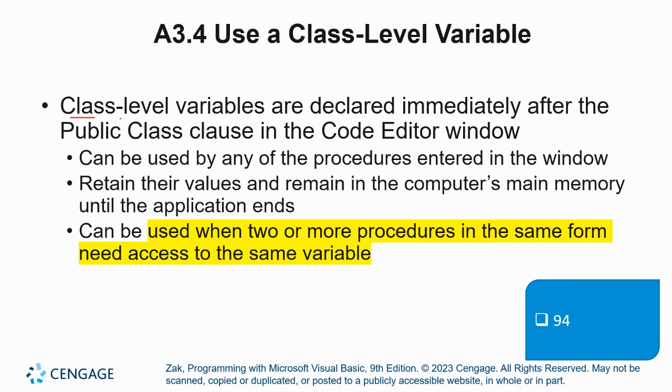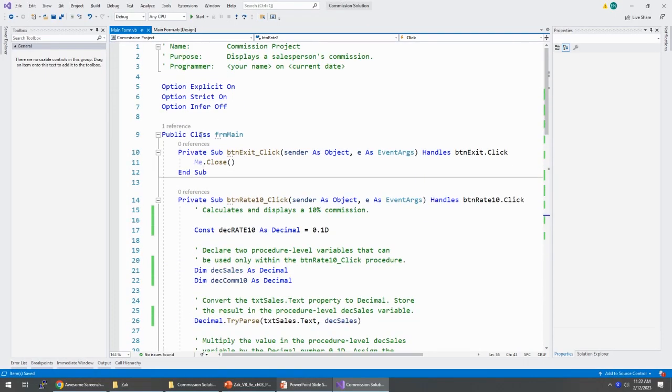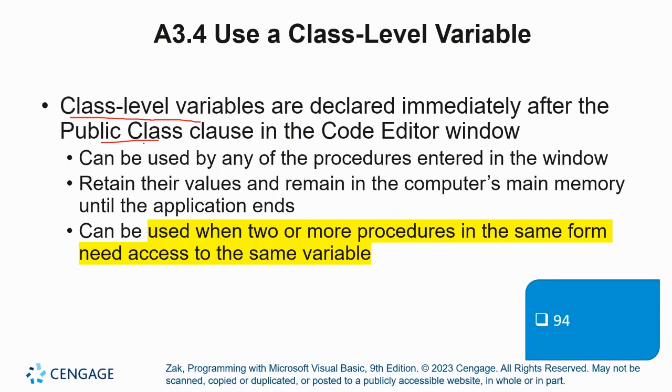Now let's talk about class level variables. So they're declared immediately after the public class statement. So if I look here, public class FRM main, so that's on line 9. Remember, this 0 references isn't really a line number. It's between lines 9 and 10. And it's not even code. I can't even click on that, right? And then line 10, it's private sub. So in between here, that's where I would declare my class level variables.